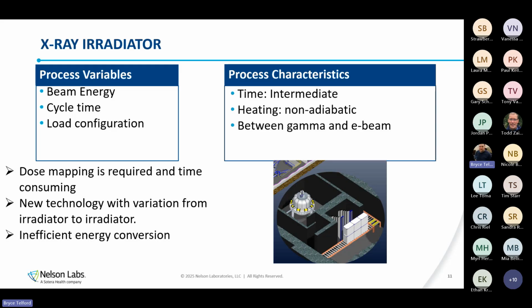But ultimately, it's usually somewhere between 7 and about 14% that is converted from the electron beam to X-ray. So quite a lot of the remainder of that energy is just converted to and lost as heat.